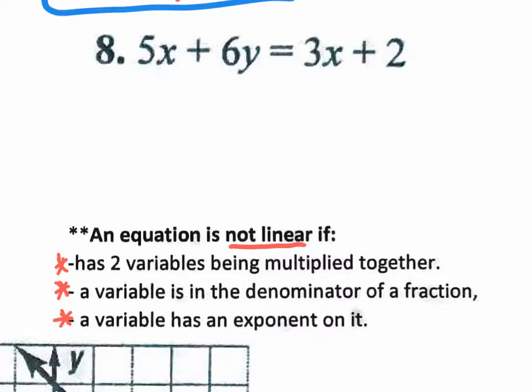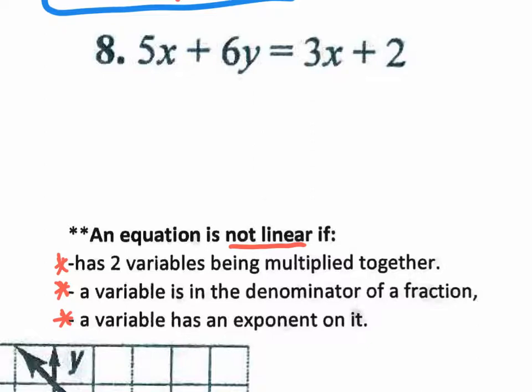No. So it's definitely linear. Does that make sense? Go through these 3 checklists right here. If it has two variables being multiplied together, then it's not linear. If you have a variable in the denominator of a fraction, it's not linear. If you have a variable with an exponent on it, it's not linear. But this one doesn't have any of those, so it is linear.